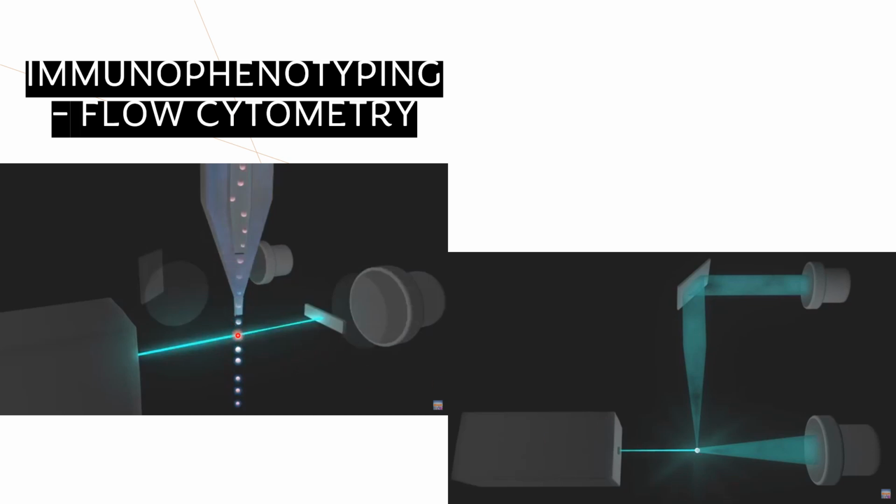The cells will receive light, and the amount of forward light scattered usually represents the size of the cell, while the side light scatter usually represents the shape and granularity of the cell. There can be different presentations of lymphoid abnormal cells, and we can test that using flow cytometry.